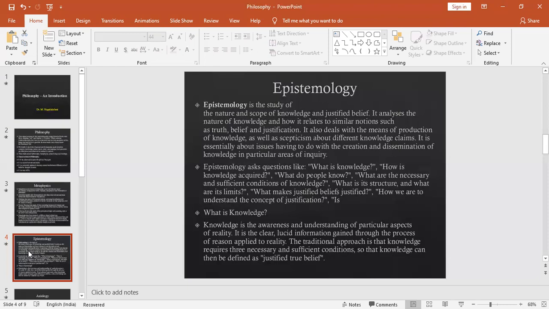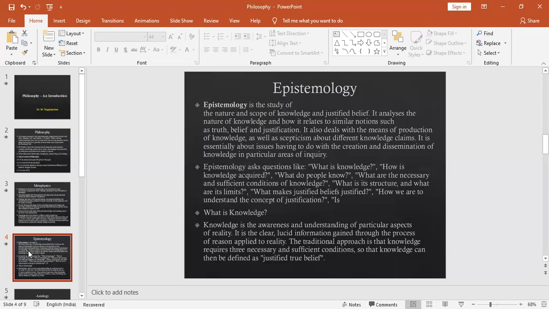So it is a very, very broad term. It is very essential to understand what it is. You can read the definition multiple times to understand it, right? It is the study of the nature and scope of knowledge, right? Studying the scope of knowledge, or studying the justified belief, right?